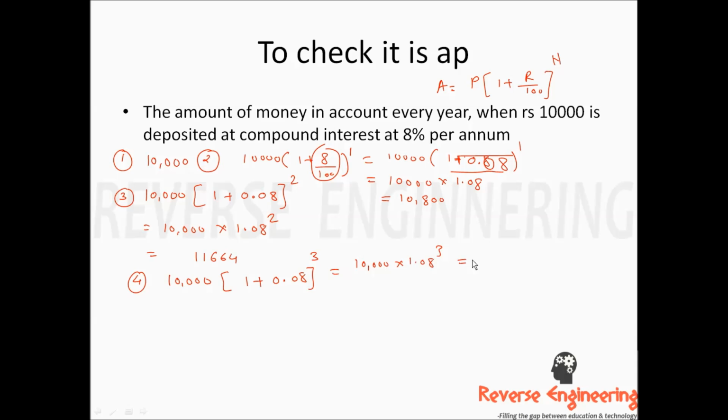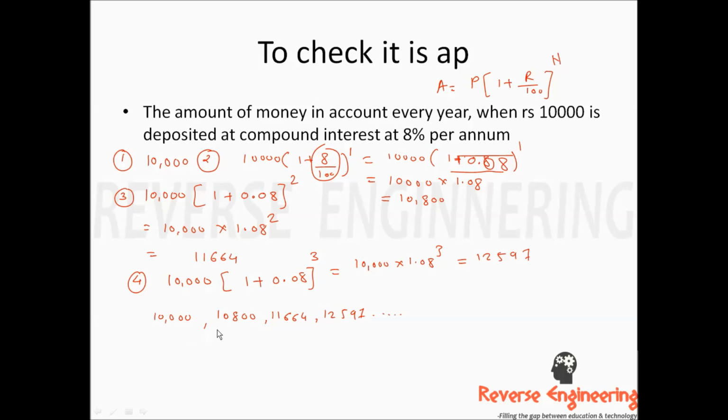The answer for this will be around 12,597 if you do the calculation. If I want to represent these answers in the form of a series, I can write it like 10,000, then 10,800, then 11,664, then 12,597. These are the answers, and so on, if the number of years keeps increasing.